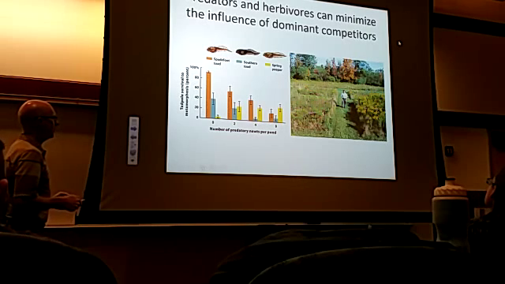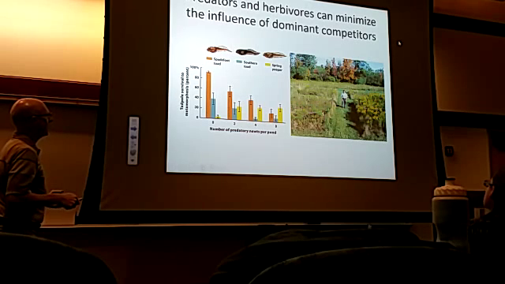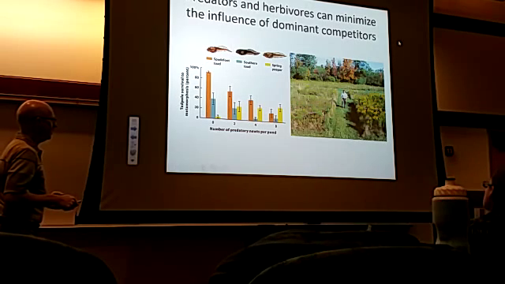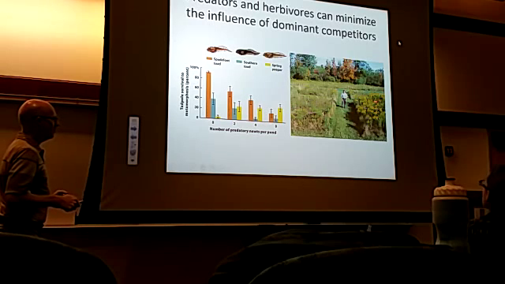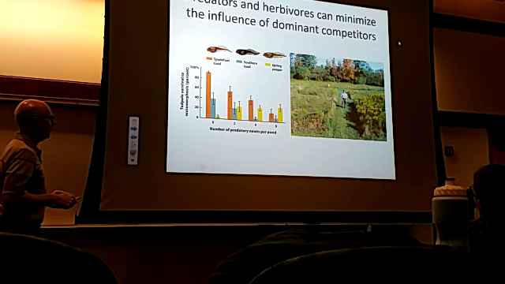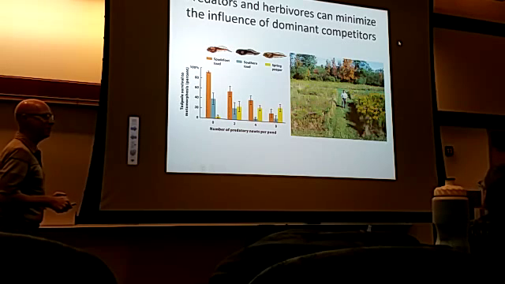Got the same thing over here. We've got a plant plot in some managed landscape, and you've got two different plants here dominating, right? And in one case, we've got an herbivore removing this plant, and in the other case, no herbivore removing that plant.